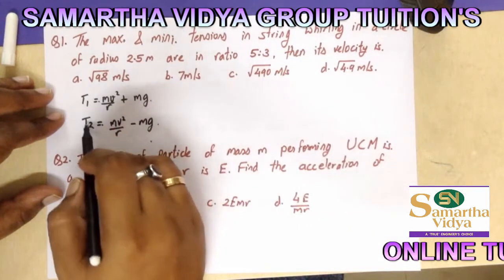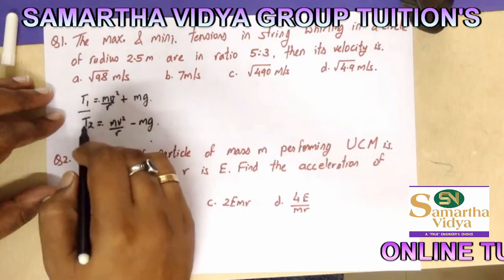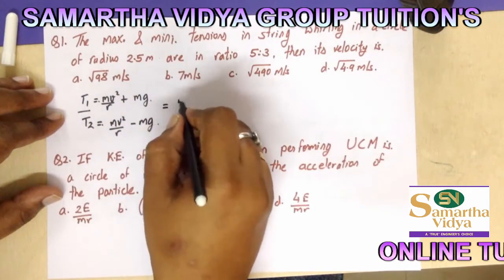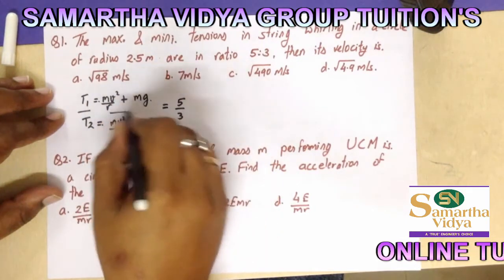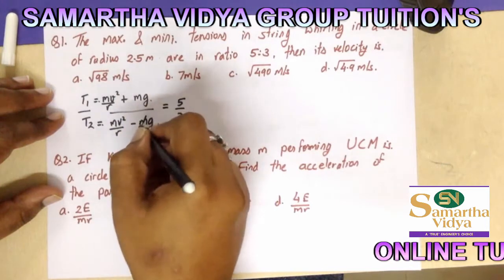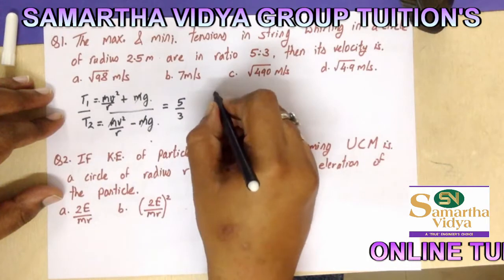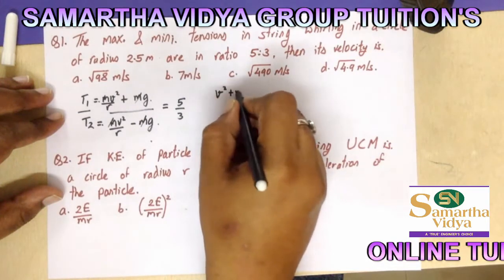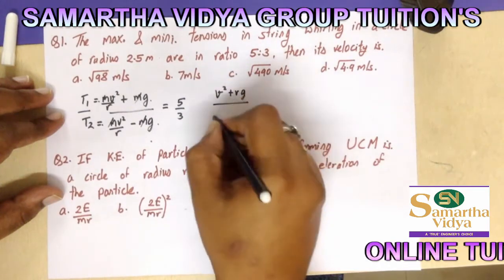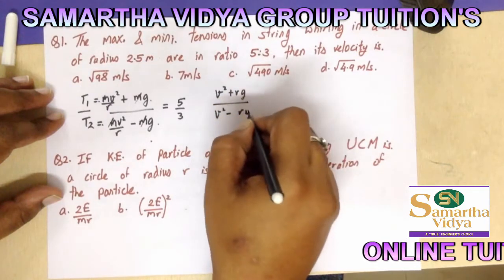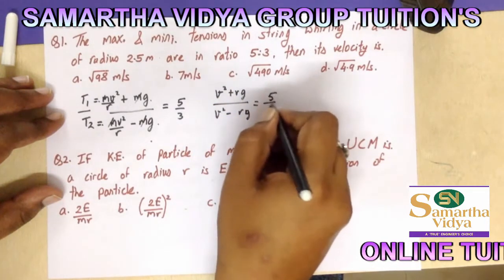So the ratio T1 by T2 is given by 5/3. Since it is a ratio, the m gets cancelled out, and if we simplify this, it becomes (v square plus rg) upon (v square minus rg) equal to 5/3.